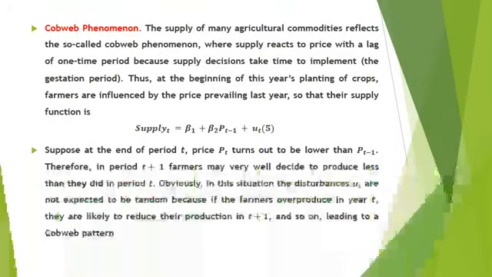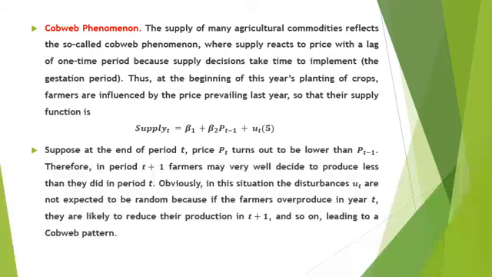Cobweb phenomena is another reason for autocorrelation. The supply of many agricultural commodities generally reflects the so-called cobweb phenomena. That is, supply reacts to a change in price with a lag of one time period. We cannot immediately increase the supply; there is a gestation period involved. If the price of onion increases, the farmers may invest more in the cultivation of onion.